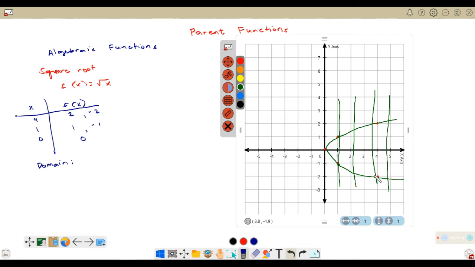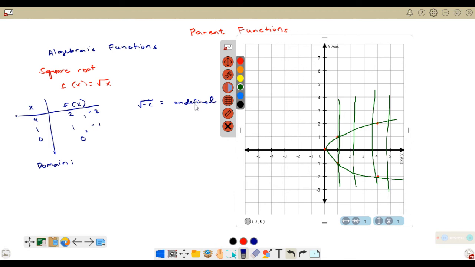No. Because in algebra, if you have a negative value, say for example, c is a real number, if you have the square root of a negative number c, it will be undefined.